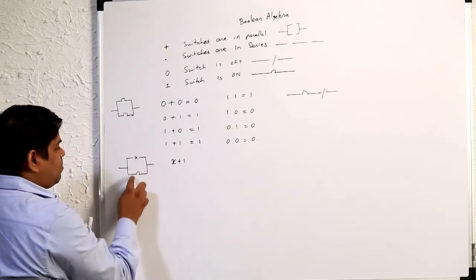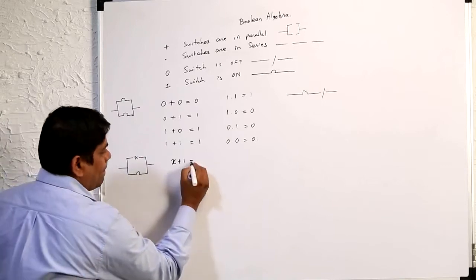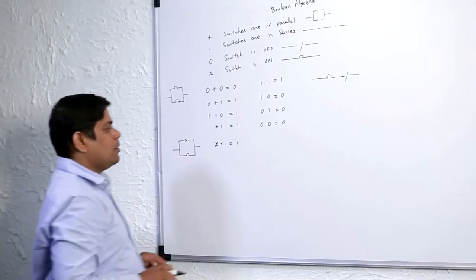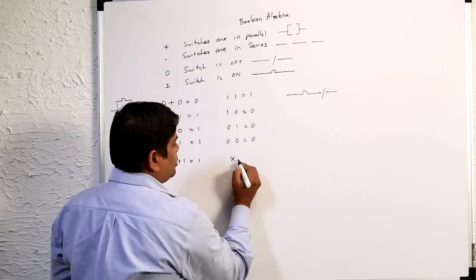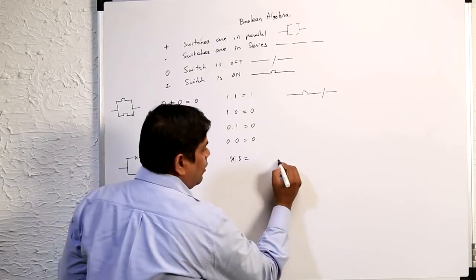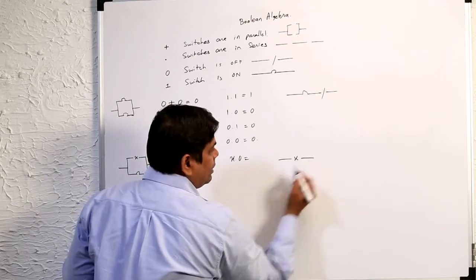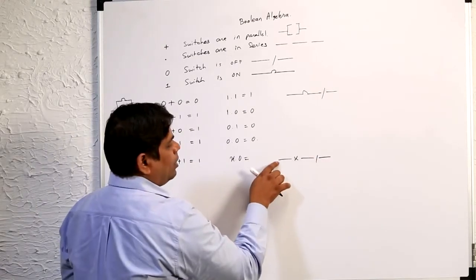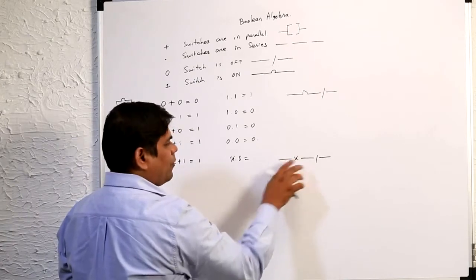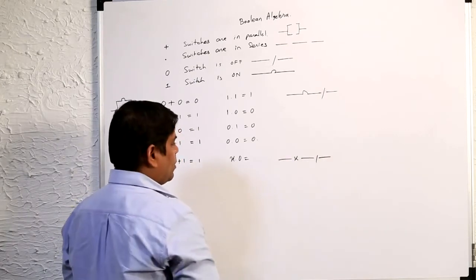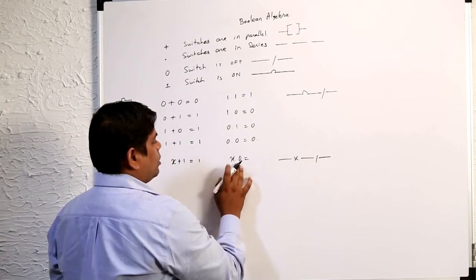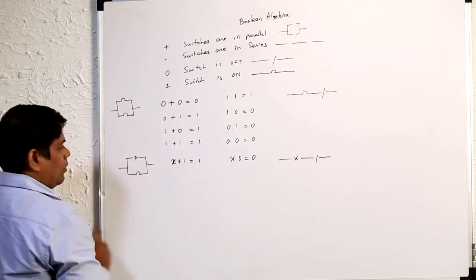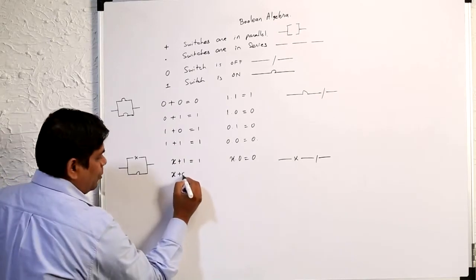So x plus 1 is going to be 1 itself, irrespective of the state of x. Similarly, what is x dot 0 going to be? I have a variable switch connected with an off switch in series. If you supply current here, whatever the state of x is, the current is not going to reach. So x dot 0 is going to be 0 itself. Now let us see what x plus 0 is going to be.